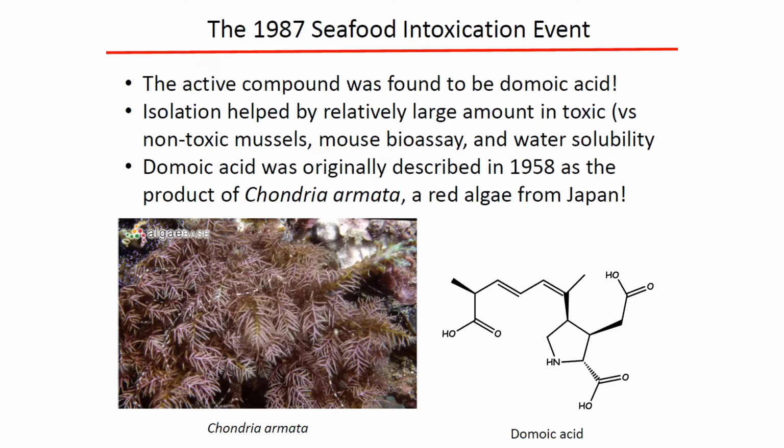That's what they used to guide them to the ultimate isolation of the molecule. It was also aided by the water solubility of the molecule. Domoic acid was not an entirely new molecule when they found it in 1987. It had been described in 1958 as a product from a red algae in Japan, but its toxic effects were not known at the time.